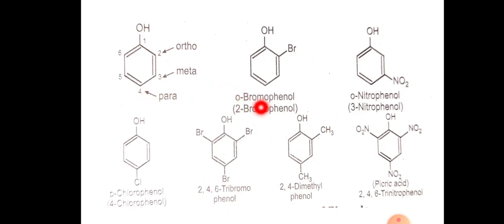Now the name of this compound is orthobromophenol. Why is this ortho? Because with respect to this hydroxyl they have a 1,2 relationship, therefore orthobromophenol. The name of the compound is 2-bromophenol. Second, here 1, 2, 3, they have a 1,3 relationship. Here it is not ortho, it is actually meta-nitrophenol, also called 3-nitrophenol.